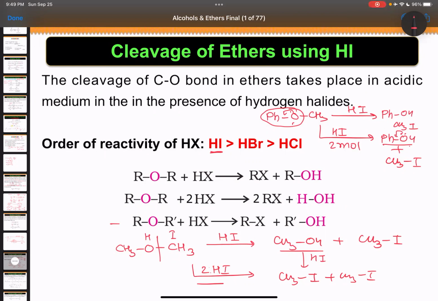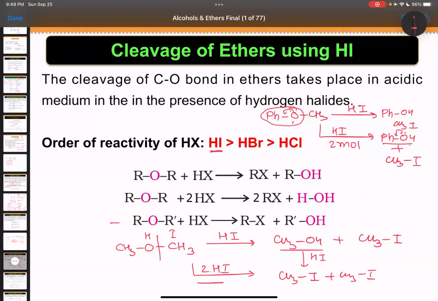So remember, when we were preparing alkyl halide from alcohol, we prepared them from red phosphorus plus Br2, and we used SOCl2. All those methods could be employed only for aliphatic alcohols, but not for aromatic alcohol, not for phenol, because phenol will not get cleaved.